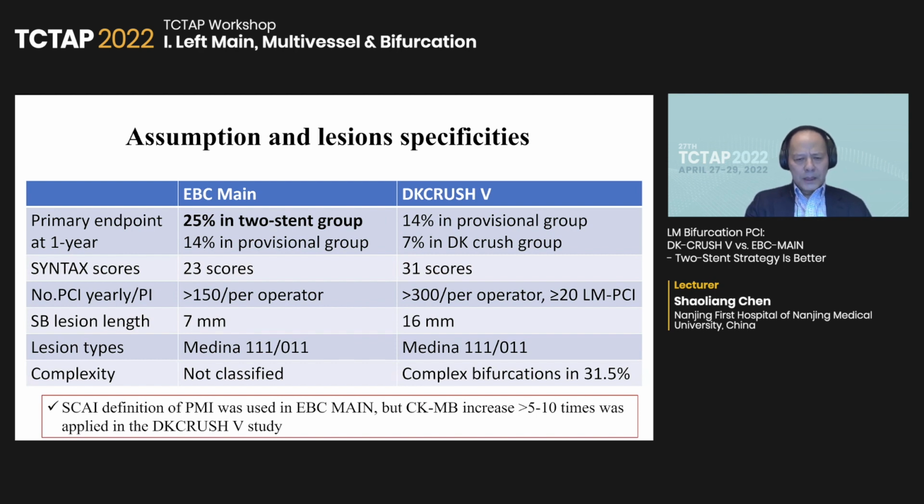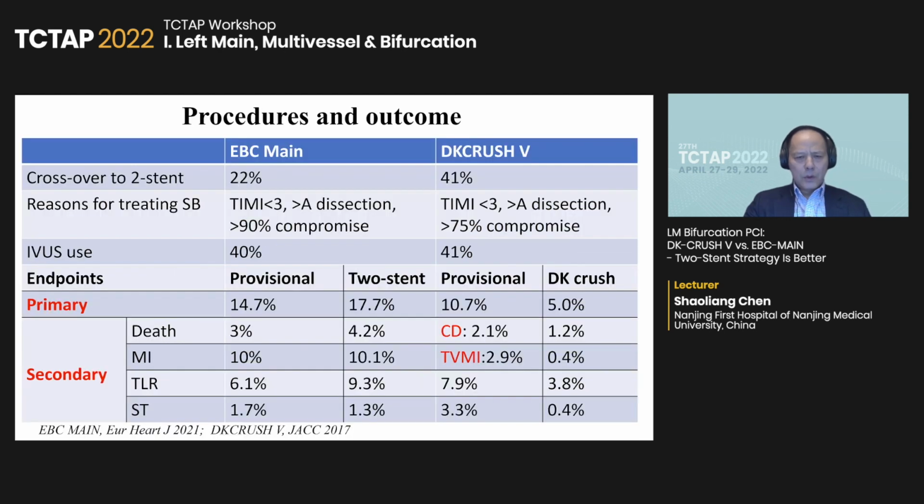So briefly, from the table we can see there was a significant difference in lesion complexity and risk of the patients included in the two studies. Also, in our DK-5 study, according to the definition criteria, complex bifurcation lesions were seen in 31.5%. It was not studied in the EBC main trial.